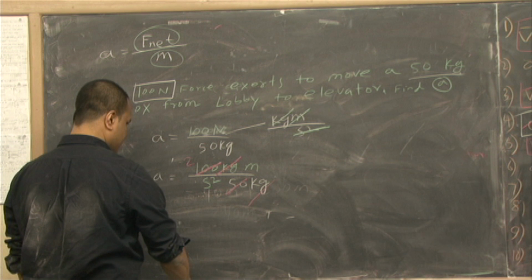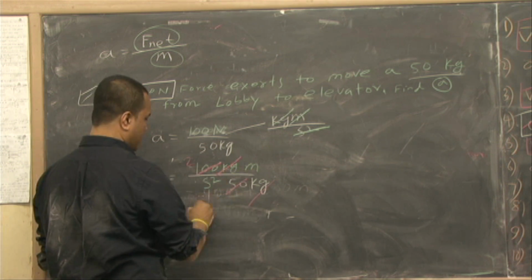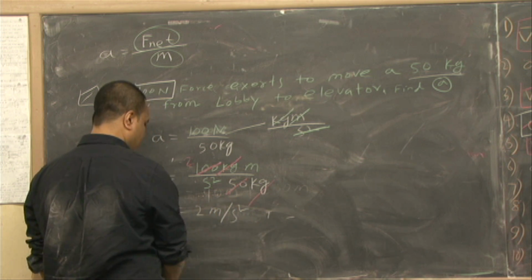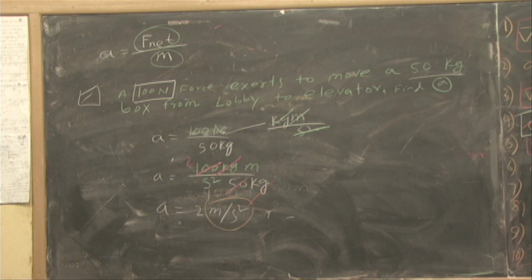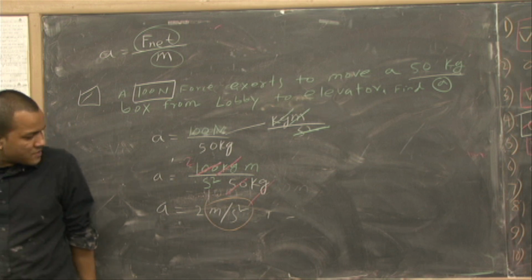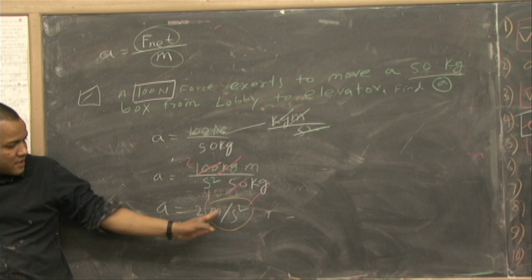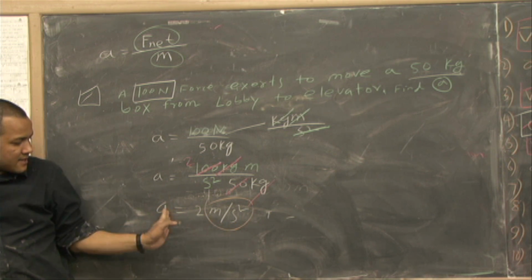So acceleration is 2 meter per second squared. Is this a good unit for acceleration? Yes, it is. So the box was moving at the rate of 2 meter per second squared.